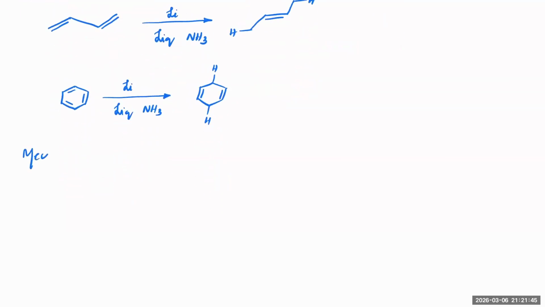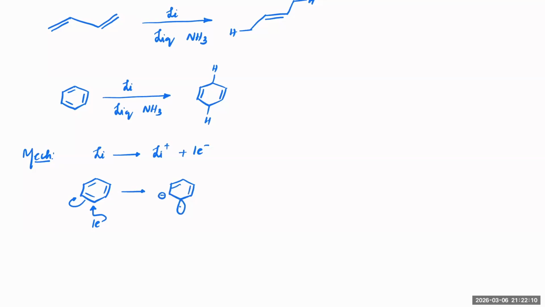Just to recall the mechanism of how it happens, lithium or sodium both release electrons, and these electrons will go and combine on one particular location, by which this pi bond will move and you will get a minus charge here and a single electron species here, radical form.